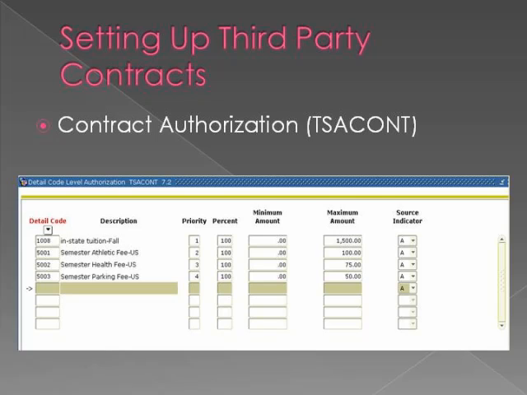Then my athletic fee is up to an amount of $100. My health fee is an amount up to $75, and then my parking fee up to $50. I'm allowing for any source that the charges may be entered on the account to be paid.